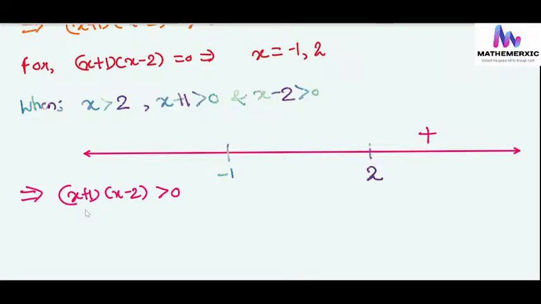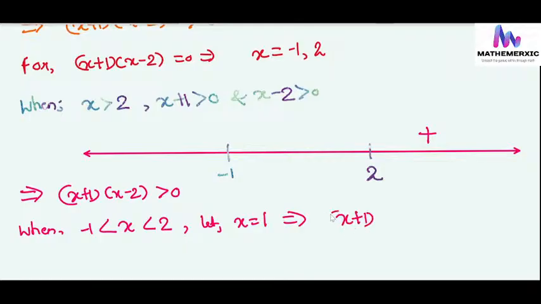But when x is greater than minus 1 and less than 2, let us say x is equal to 1, this expression will be negative, the result negative here. x plus 1 is greater than 0, but x minus 2 is less than 0.